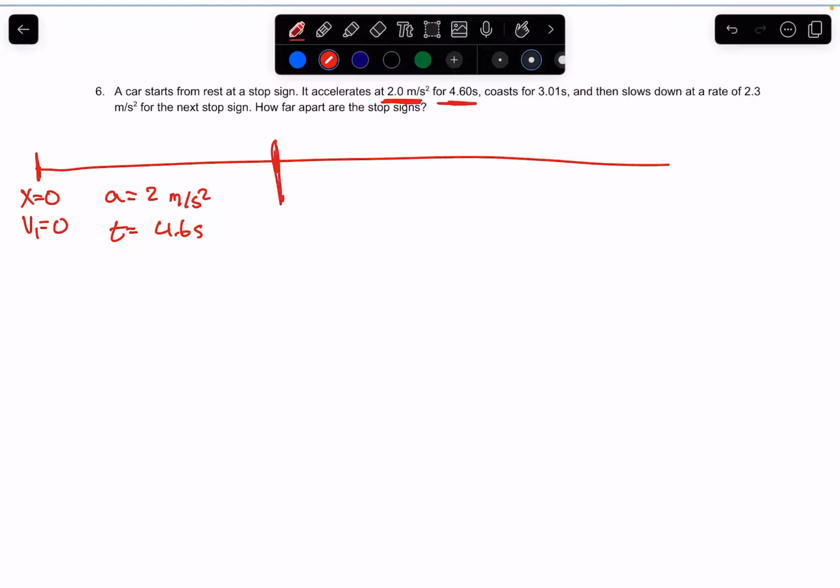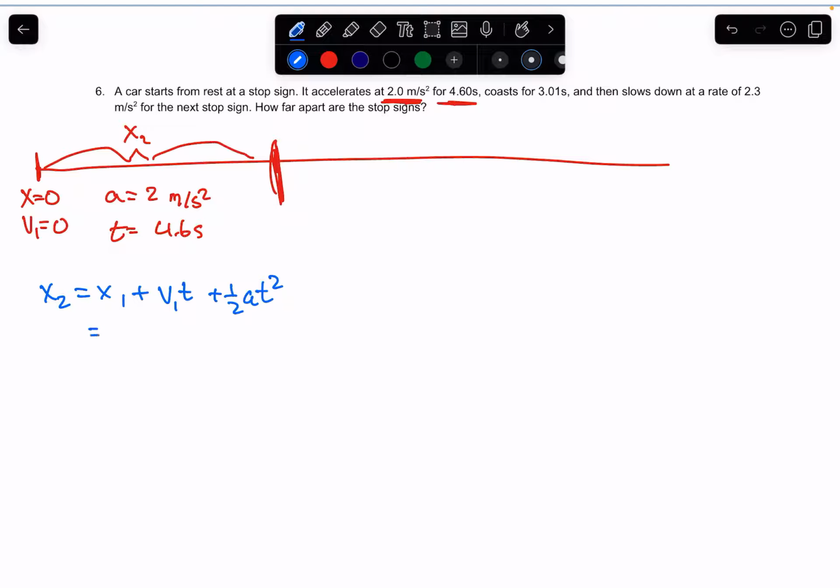So what I want to do is find out how big this x2 is, basically, right? And so I'm going to use the master equation, the first equation: x2 equals x1 plus v1t plus 1/2 at squared.